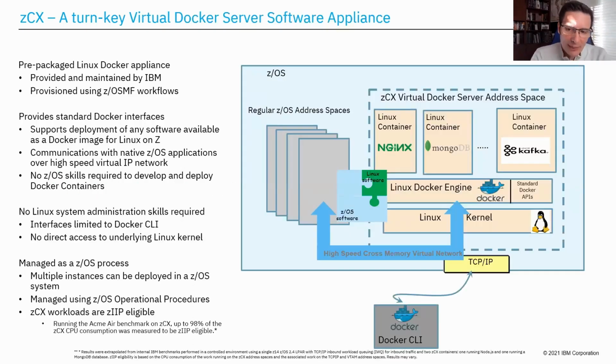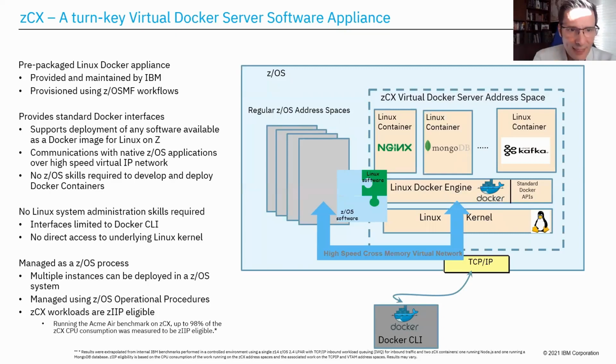Okay. So let's talk a little bit more about what's under the covers here, and then we'll gradually peel a layer of the onion off each time. ZCX is referred to as a turnkey virtual Docker server software appliance. I know that's a mouthful, but it really summarizes well what we're trying to accomplish with ZCX.